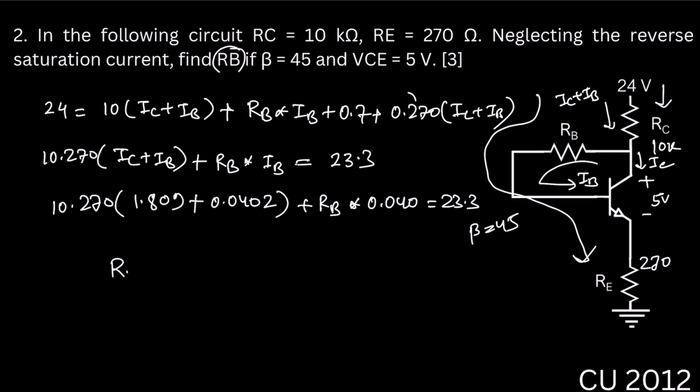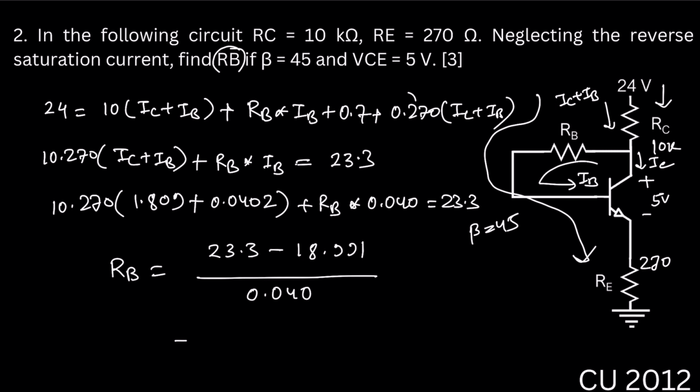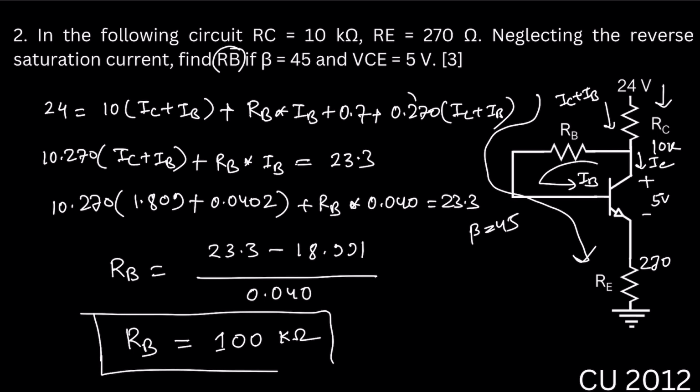So we can write down RB equal to 23.3 minus 18.991 divided by 0.040. So it will be equal to 100 kilo ohm. So the value of RB equal to 100 kilo ohm, such that the value of VC will be 5 volt.